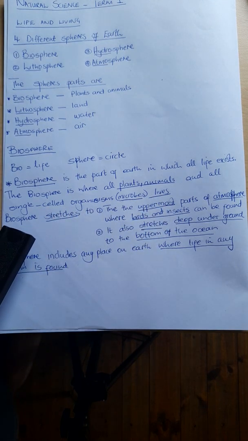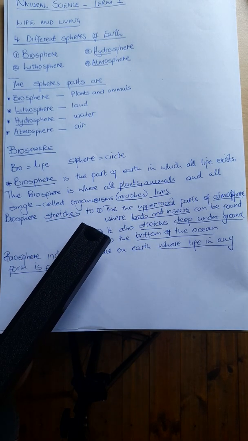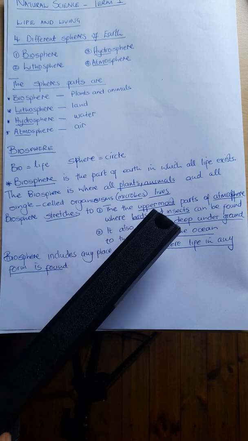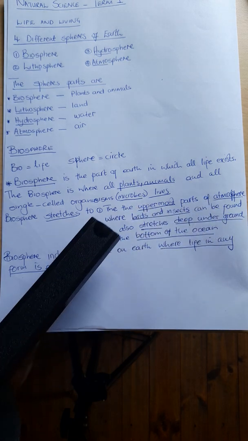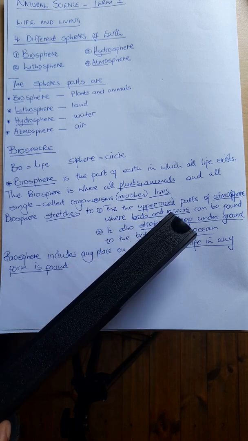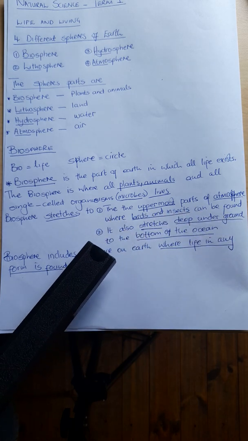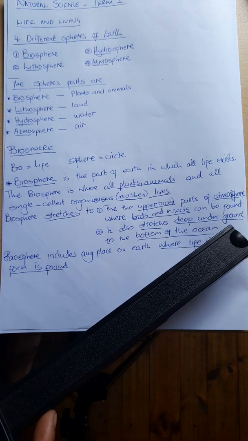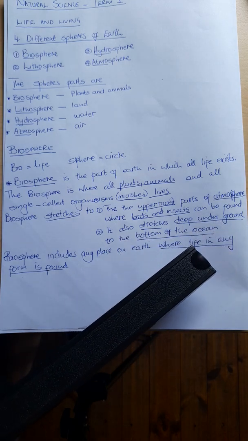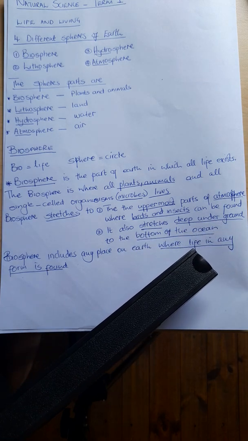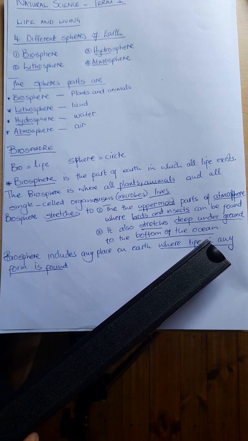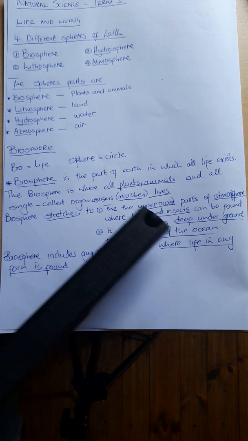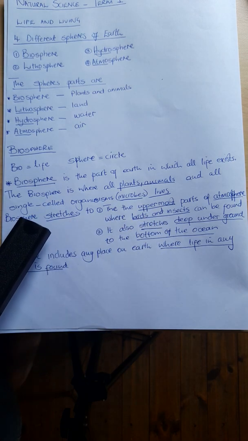They say that the biosphere stretches to the uppermost part of the atmosphere, where birds and insects can be found. It also stretches deep underground to the bottom of the ocean. Please use this in conjunction with the textbook so you can follow the diagram and see the biosphere.